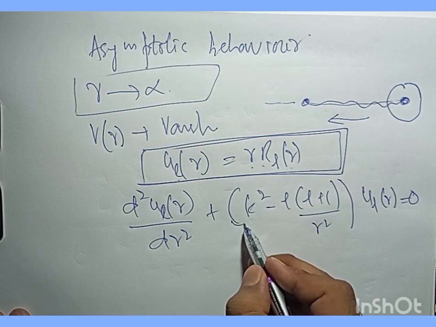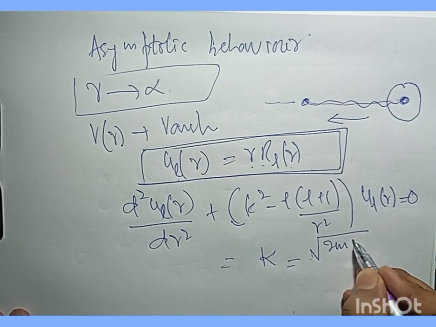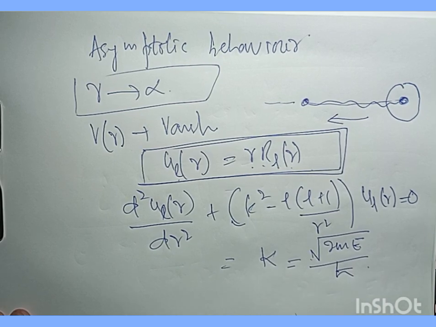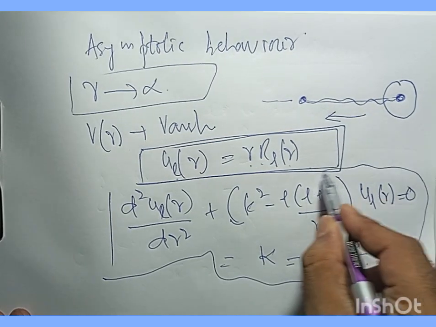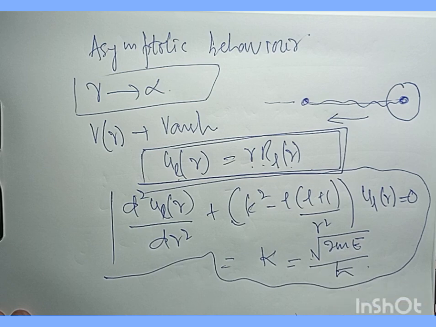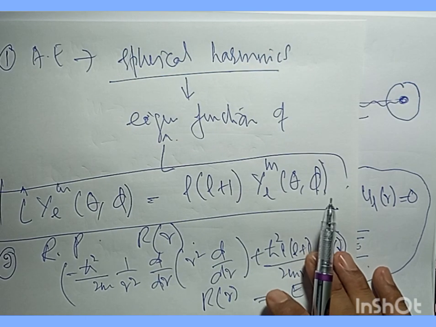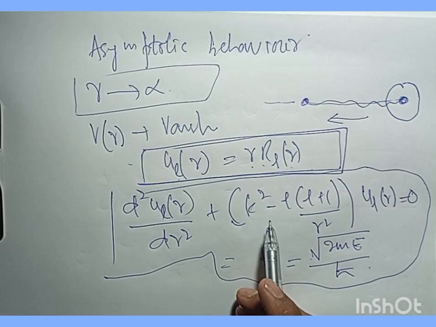And the k that I have introduced here is the same as we know, k square equals 2mE by h bar square. So this is the asymptotic solution when we assume that r is infinity. Then this V of r that appears in our Schrodinger equation vanishes, and you boil down your equation to this format.